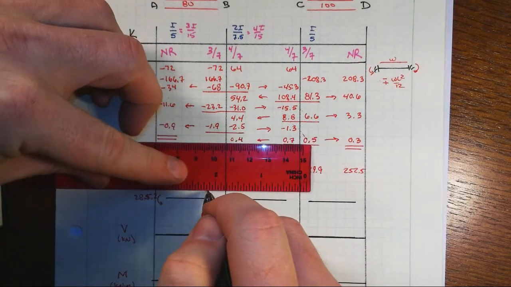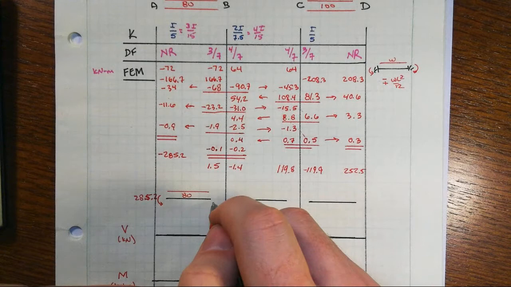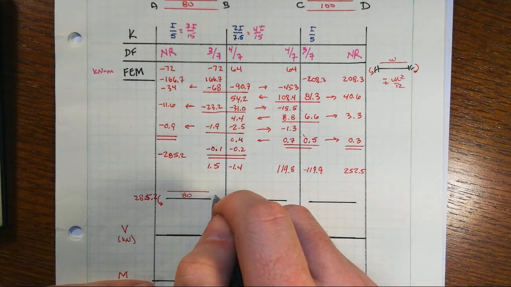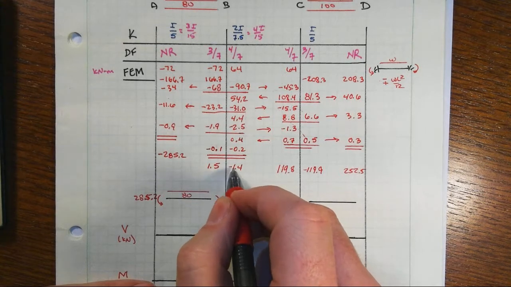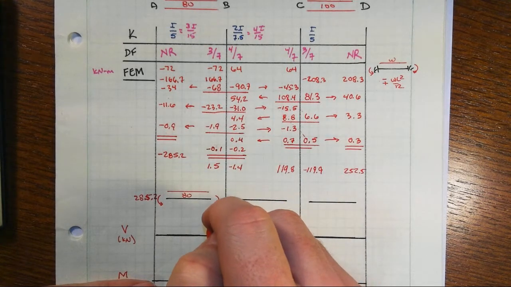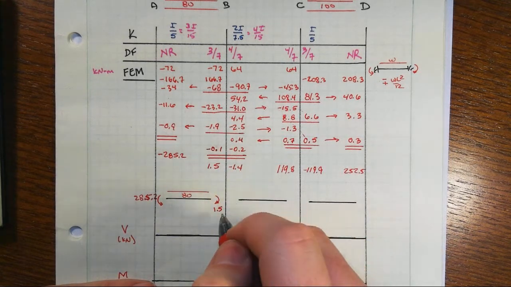We have an applied load of 80 kilonewtons per meter, and we have an end moment that's really close to zero, but it is positive at about 1.5. We do have a slight difference in these two member end moments that I'm going to ignore, because I don't want to write down the average of 1.45.